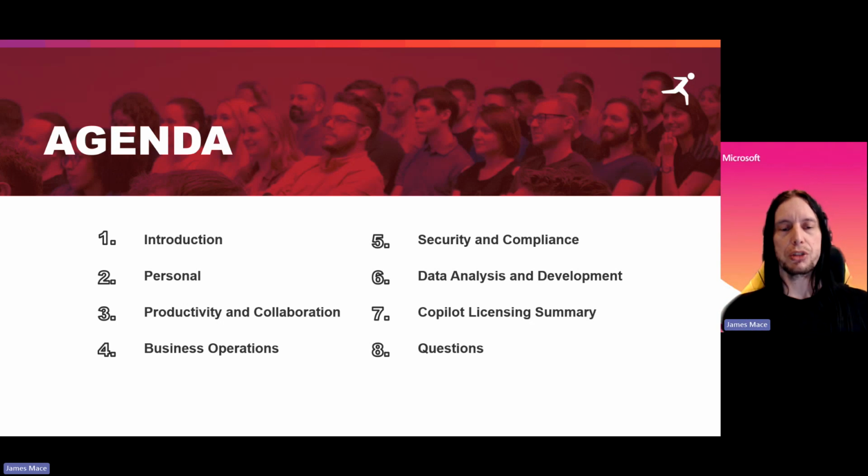So we've broken it down. We've grouped it by personal use, productivity and collaboration, business operations, security compliance, and data analysis and development. At the end of each section, we're going to talk a little bit about the licensing, and then at the very end, we're going to do a summary that shows how all of these Copilots are licensed.